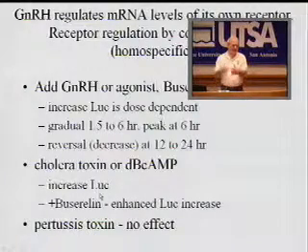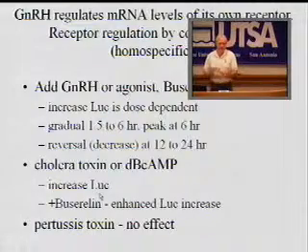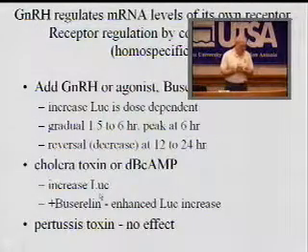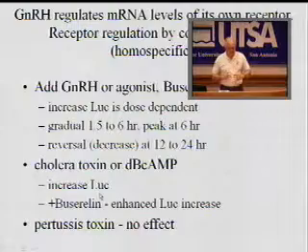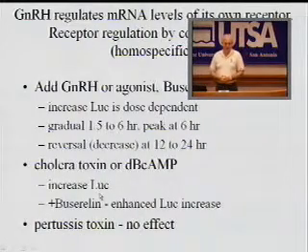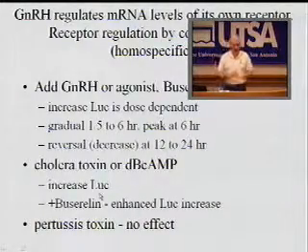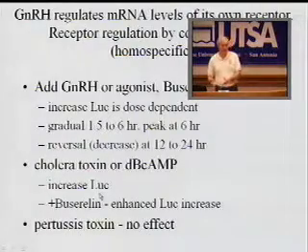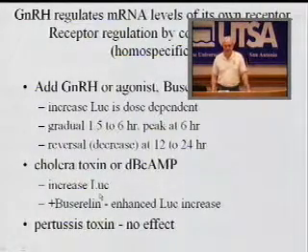So again, we already know there's a CRE. We're beginning to see that even though we didn't have an article that reported binding of activated CREB to the promoter for this receptor, we're getting indirect evidence that would predict that CREB is involved.